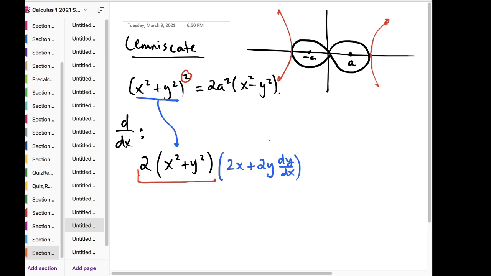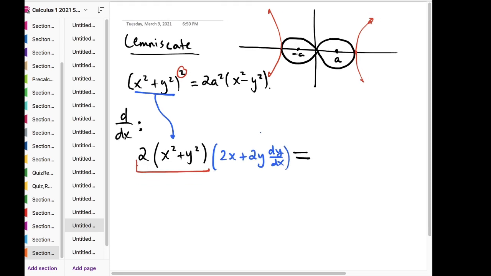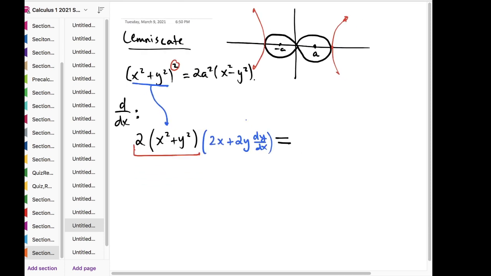Okay, so let's do the other side. This one's actually not as bad. Remember, a is a number.